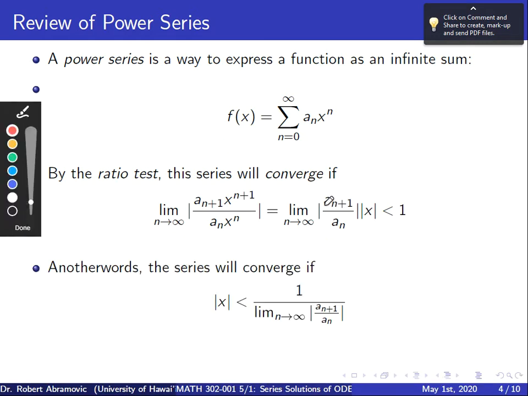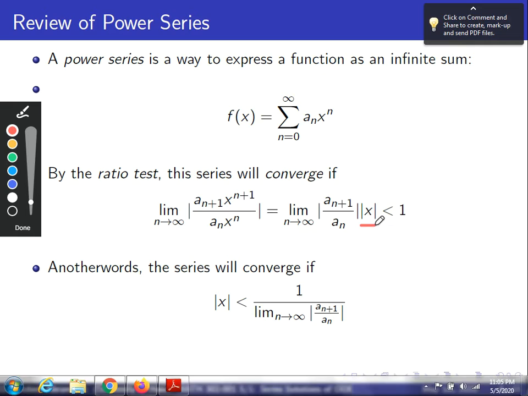Now, notice the absolute value of x does not depend upon n, so it's not going to affect the limit. You can factor the absolute value of x out, and then divide both sides by the limit as n goes to infinity of the absolute value of a_(n+1) over a_n, provided it's non-zero.